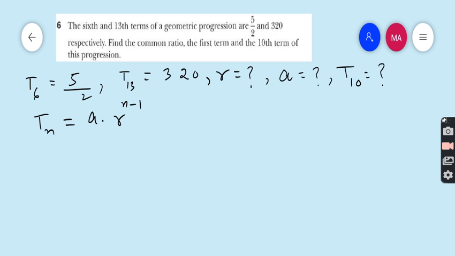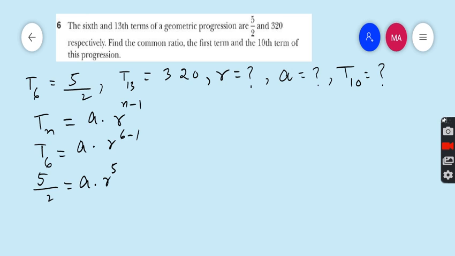Throughout the exercise I will write tn, no difference. So first we find t6. T6 is equal to a r to the power 6 minus 1, and the value of T6 is given as 5 over 2, so a r^5 equals 5 over 2. 6 minus 1 is 5.